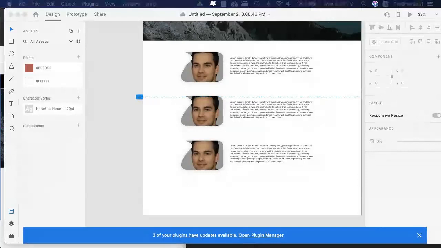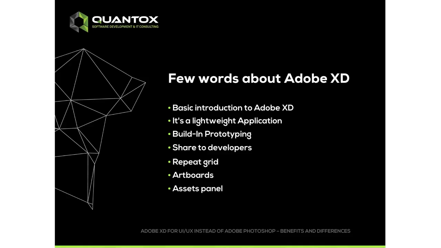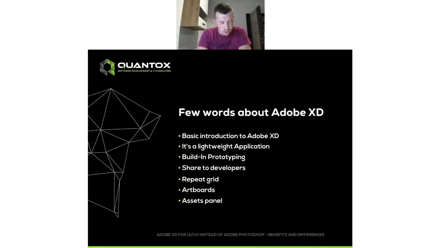I will go back to the presentation just to remind myself. Okay, Artboards. I already showed you how much faster it is if you make multiple Artboards in XD. For example, if I do the same in Photoshop, it will be much slower. Regarding the assets panel, I already showed you this.